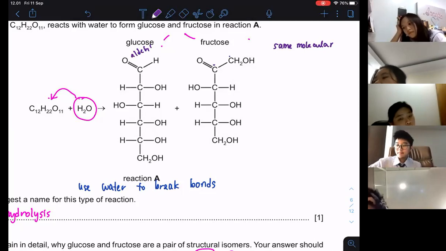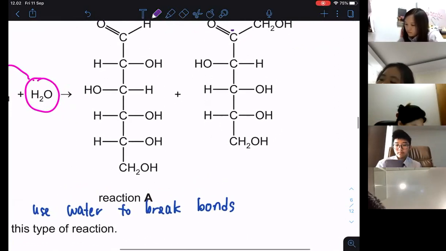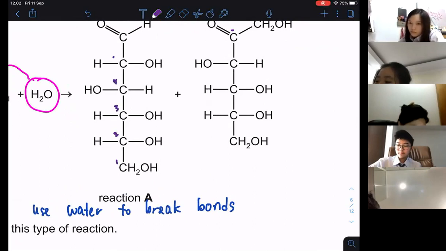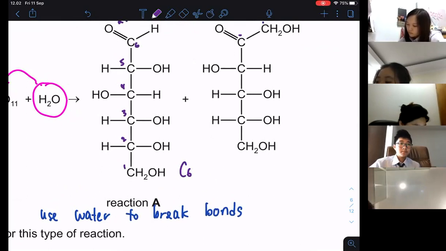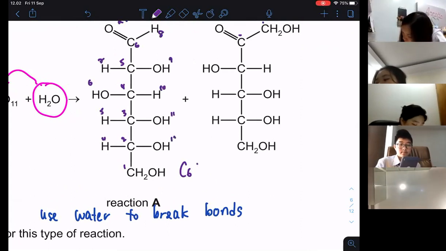So what I can do is find out the molecular formula for glucose and for fructose. In order to do that, just calculate. So this is 1, 2, 3, 4, 5, 6. So C6. How many hydrogen? 3, 4, 5, 6, 7, 8, 9, 10, 11, 12. So H12.